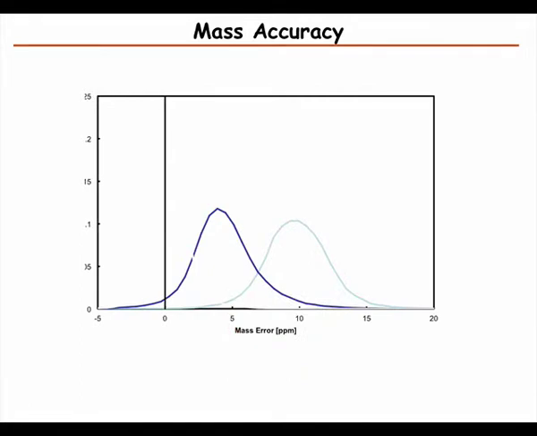We can also look at the mass accuracy, and this shows, you probably can't see this, there's actually another curve here. So it just shows that in different experiments, you have different mass accuracy distributions, and you want to be as close as possible to zero, and as thin as possible, I mean the width of the curve should be as small as possible.